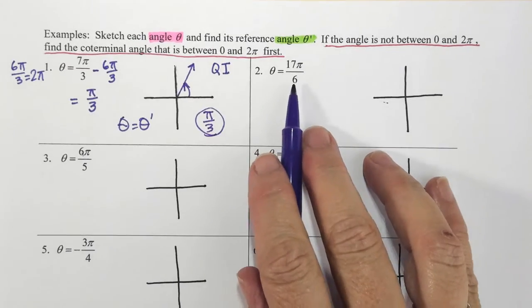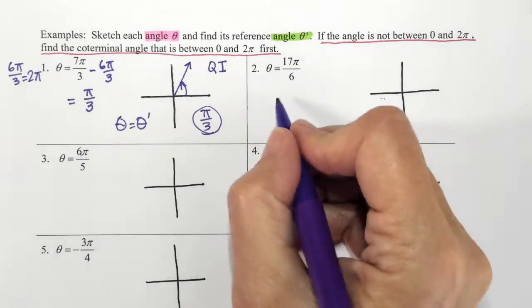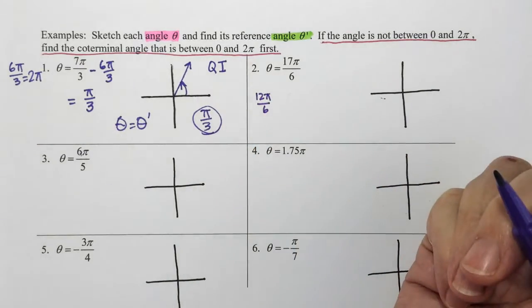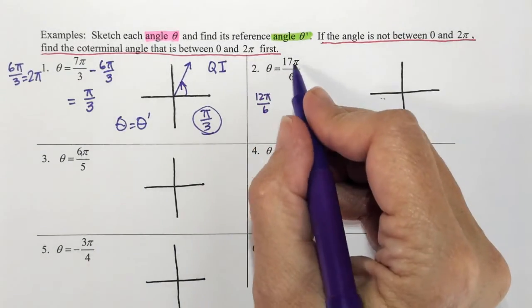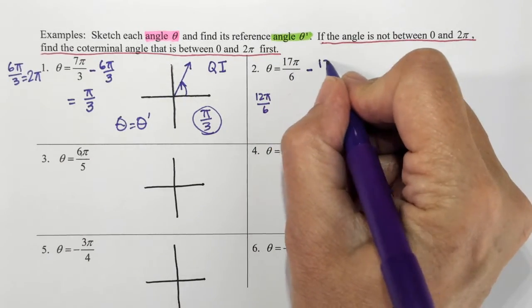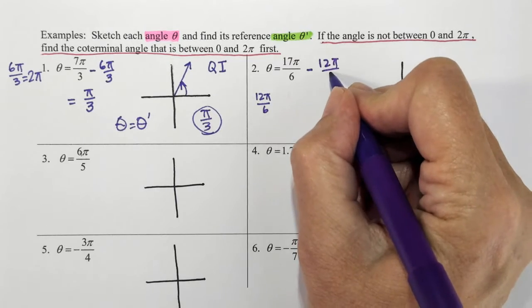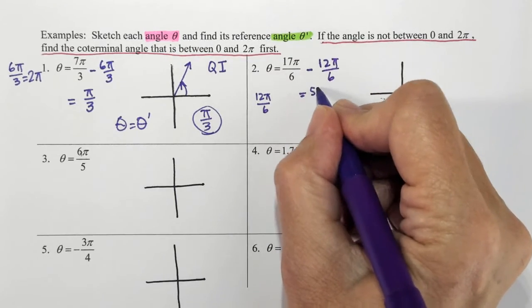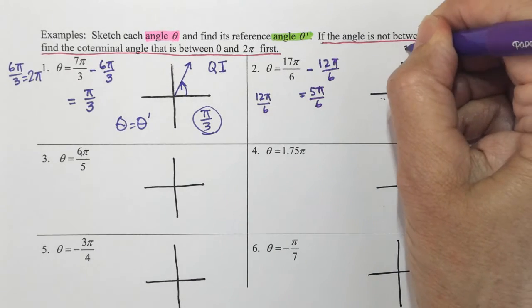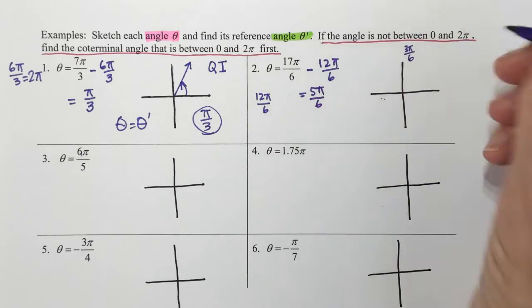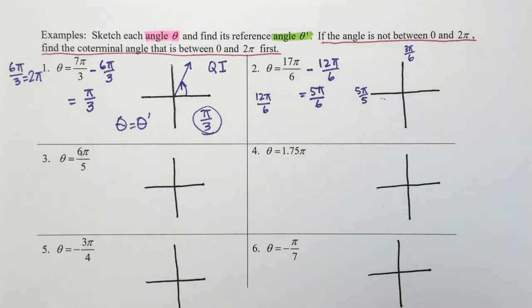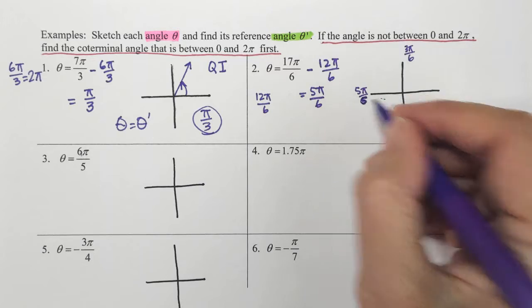So the next one, our denominator is 6. Well, if our denominator is 6, then 12 pi over 6 is 2 pi. So you can see that this one is larger, so we need to make that adjustment. So I'm going to subtract my 12 pi over 6, and I get 5 pi over 6. So this is 3 pi over 6 because it's half pi, and here is 6 pi over 6.